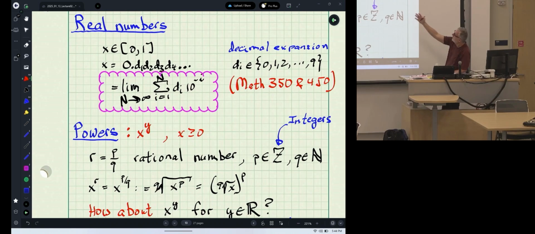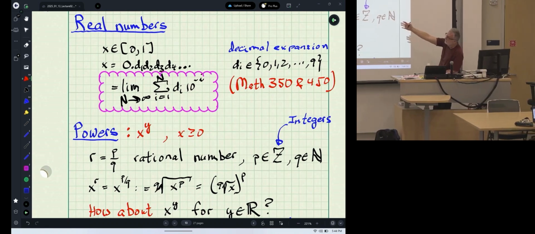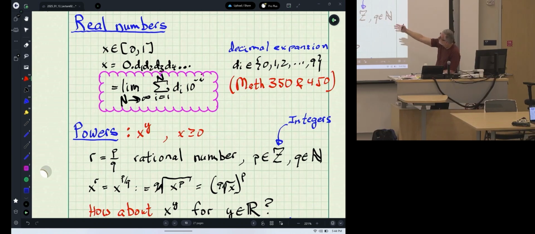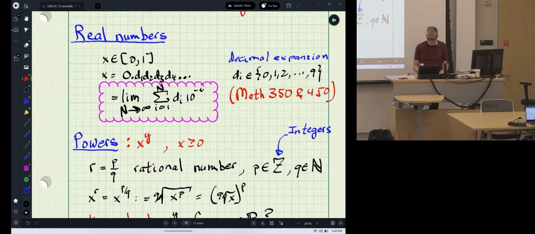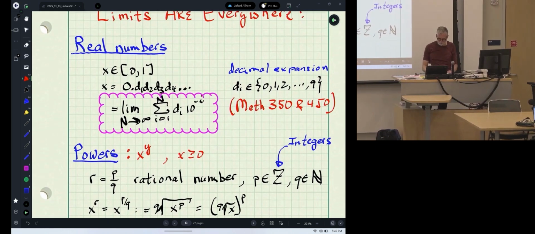And so when I write down x equals ... it's really a limit. It's the limit as capital N goes to infinity, because we understand place values, so the first digit is multiplied by 10 to the minus 1, the second digit times 10 to the minus 2, etc. And this is covered in Math 350 and Math 450.